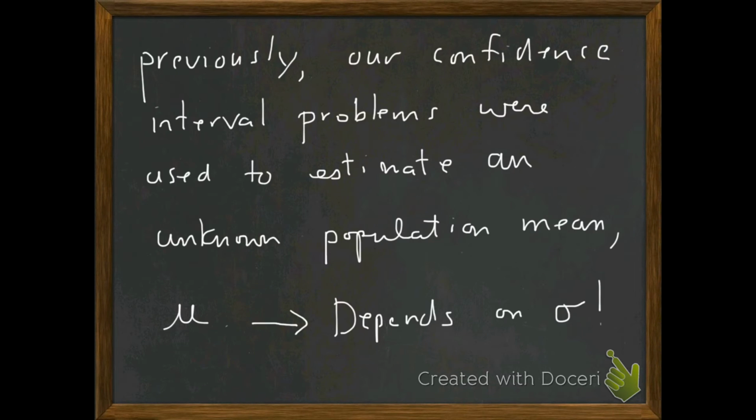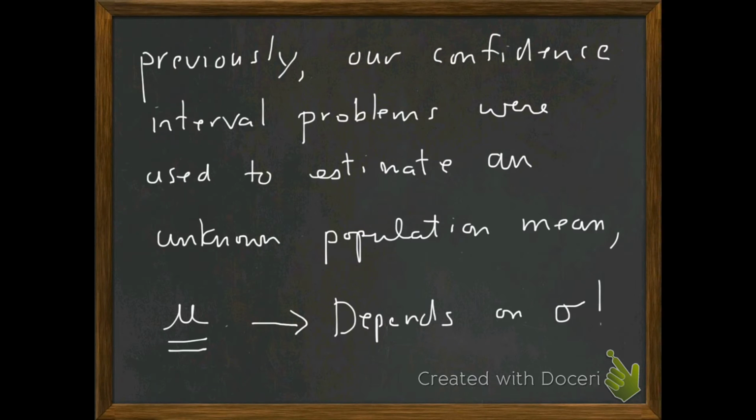So guys, previously our confidence interval problems were used to estimate an unknown mean. For example, what's the mean wait time for drive-through customers at Arby's or Tim Hortons? Well, I don't know.